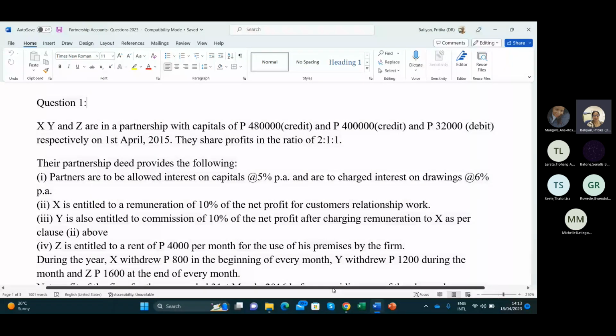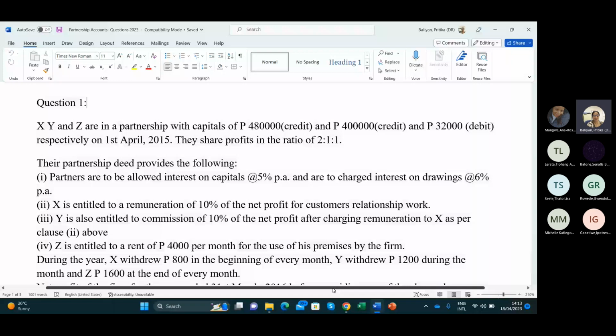They share the profits in the ratio of 2:1:1. Their partnership deed provides the following details. The partners are to be allowed interest on capitals at the rate of 5% per annum and are to be charged interest on drawings at the rate of 6% per annum.